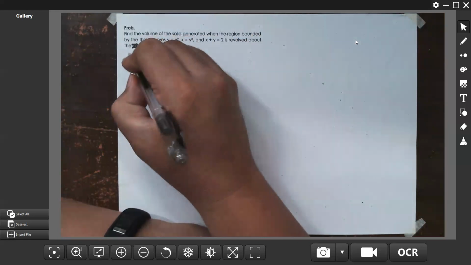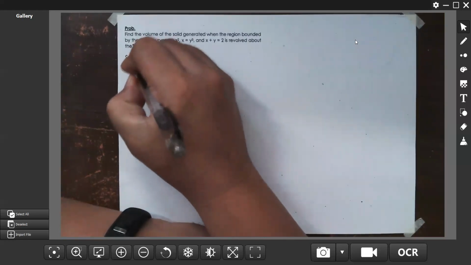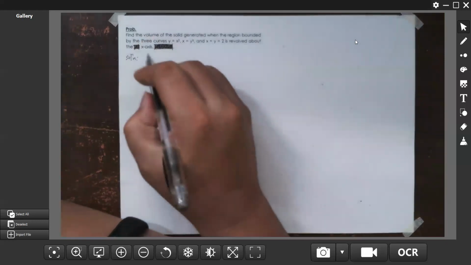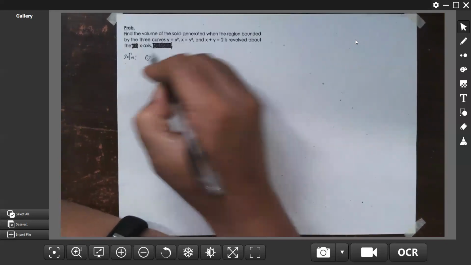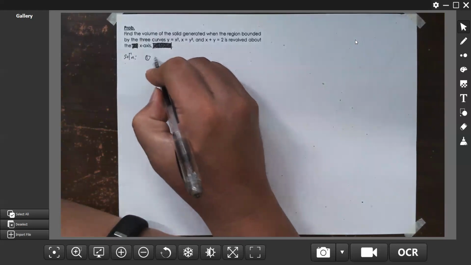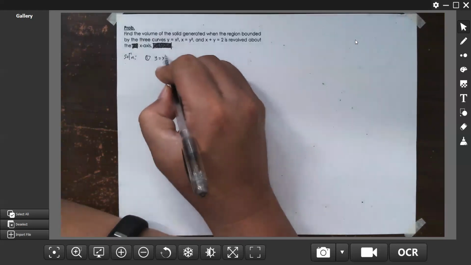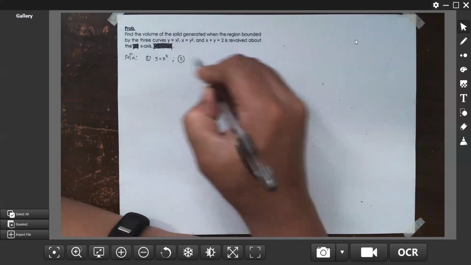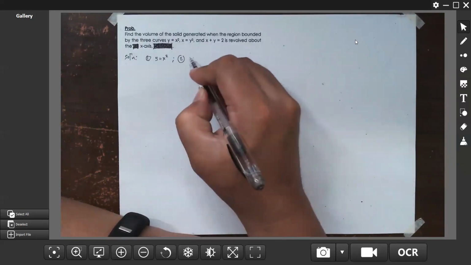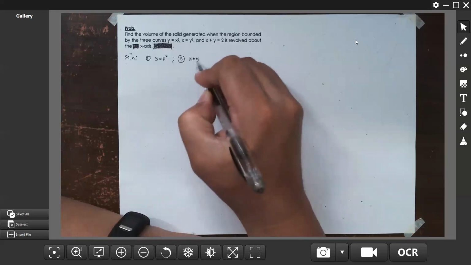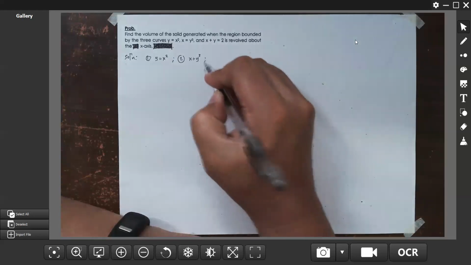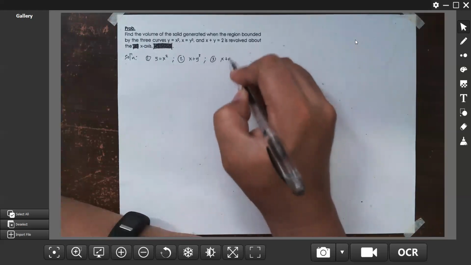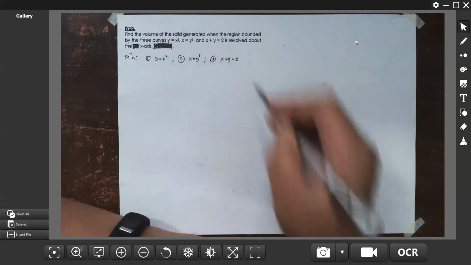Curve number one is y equals x squared. Curve two is x equals y cubed, and curve 3 is x plus y equals 2.